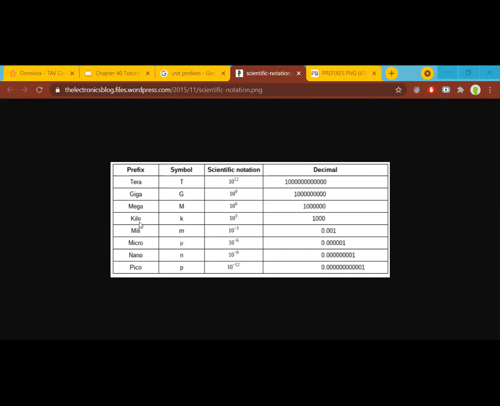If you're bigger than unity, the prefixes tend to go up by 3 powers of 10. So kilo is 10 to the 3, and up from that is mega, which is 10 to the 6, giga 10 to the 9, and tera 10 to the 12. So you don't really have to memorize kilo, mega, giga, tera independently. You just remember the order and that each one goes up by a power of 10 to the 3.